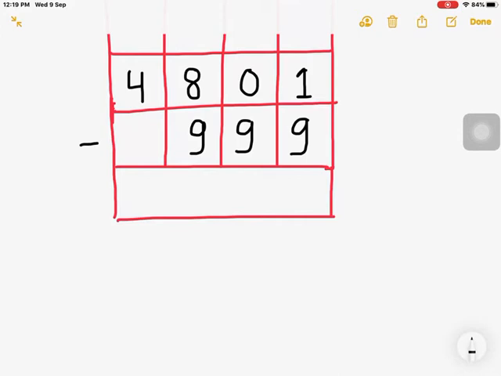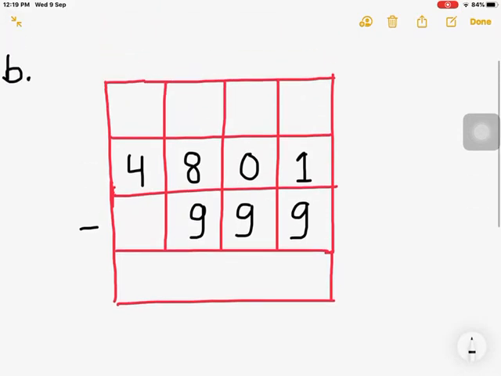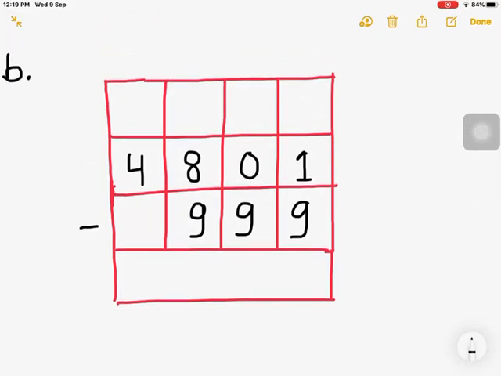So it is impossible. It will borrow from the tens column, but the tens is already 0 itself, so it doesn't have any number to give to the 1 at the ones place, isn't it? So the 0 in the tens will borrow from the 100 column.